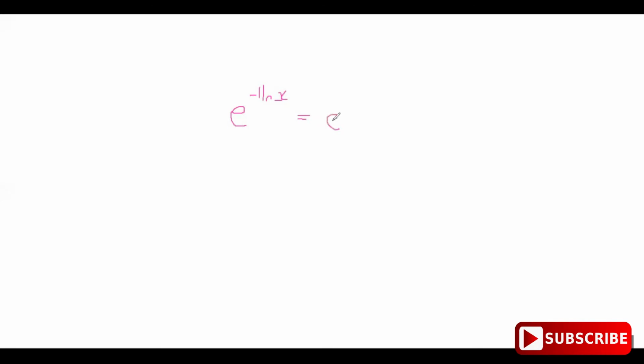So you get e to the ln x to the minus 1. But then e cancels ln, and so you get x to the minus 1. But what is x to the minus 1? 1 over x. So that's the answer. What paper is this, sir? This is 2010.